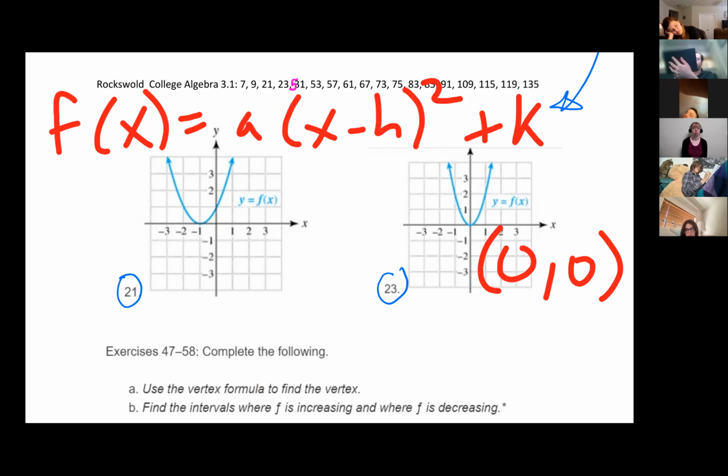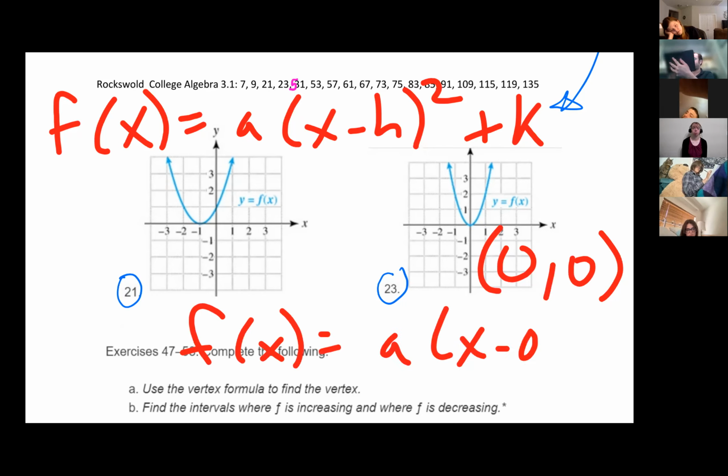Okay, so if I fill that in, maybe I got like an x minus 0 squared plus 0. If I clean this up, x minus 0 is what? x minus 0 is x.